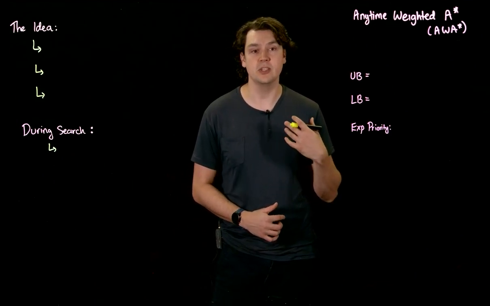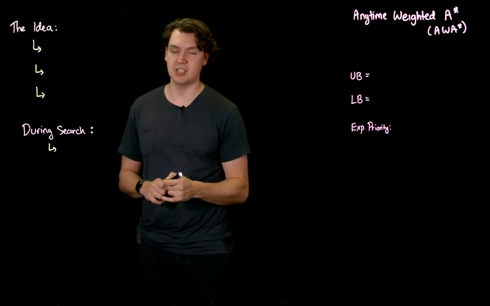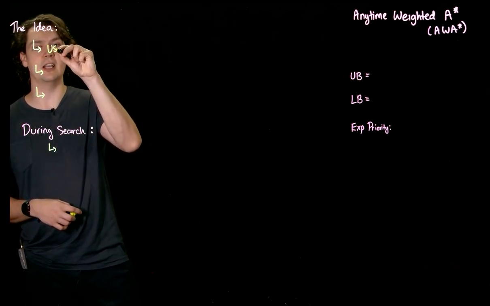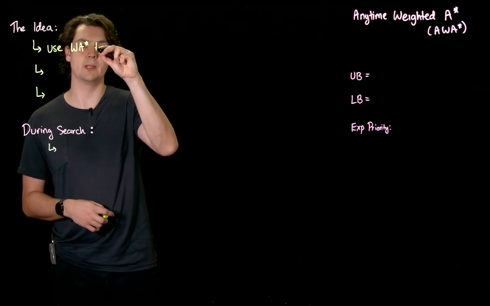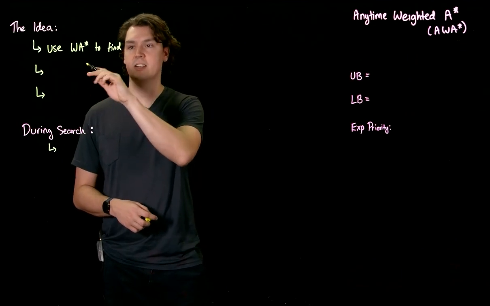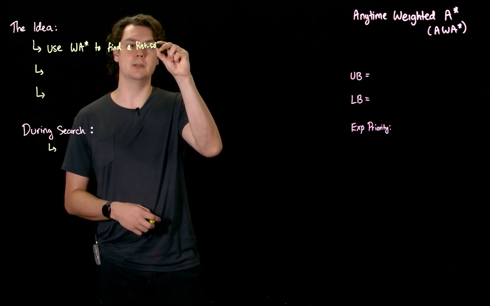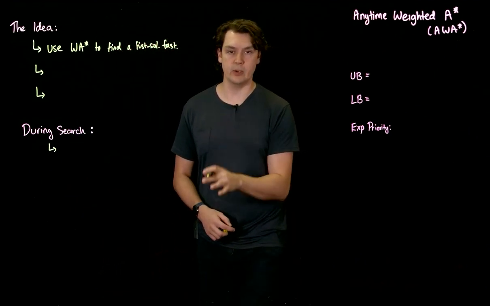Okay then, let's have a go at describing Anytime Weighted A-star. The idea that we've seen before is again that we want to find a first solution fast, right? This is where we use Weighted A-star, okay? To find a first solution fast. Okay, where do we go from now?